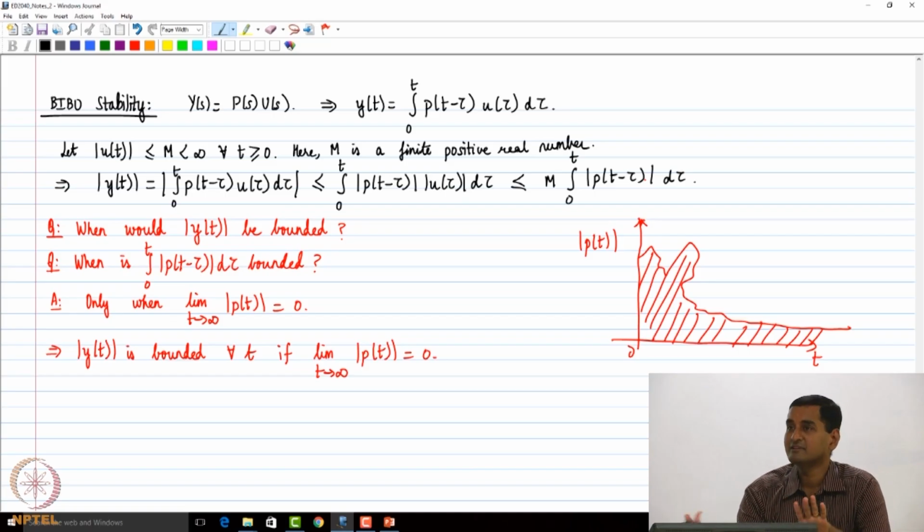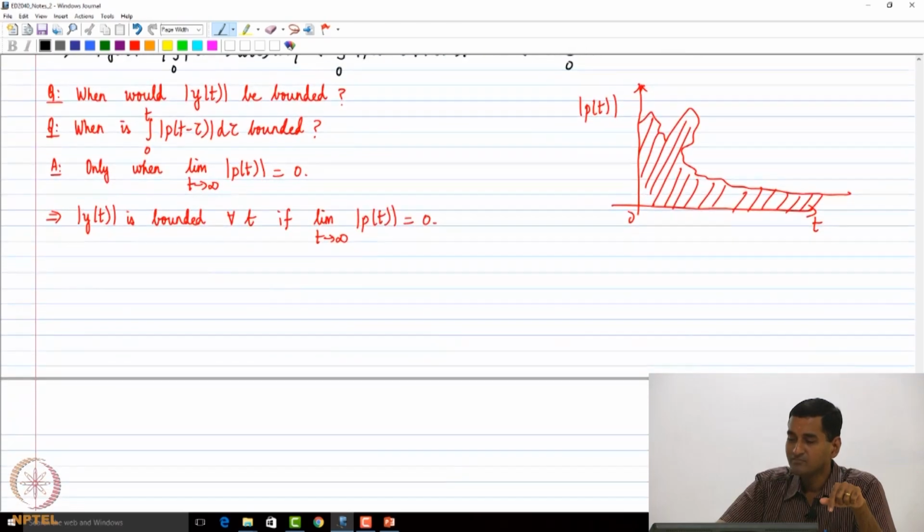We are only done with half the derivation. I hope it's clear till this point. We want to figure out when the system will be BIBO stable: for any bounded input, when will the output be bounded? We figured out that the output is bounded if the limit of the magnitude of the impulse response goes to 0 as t tends to infinity.